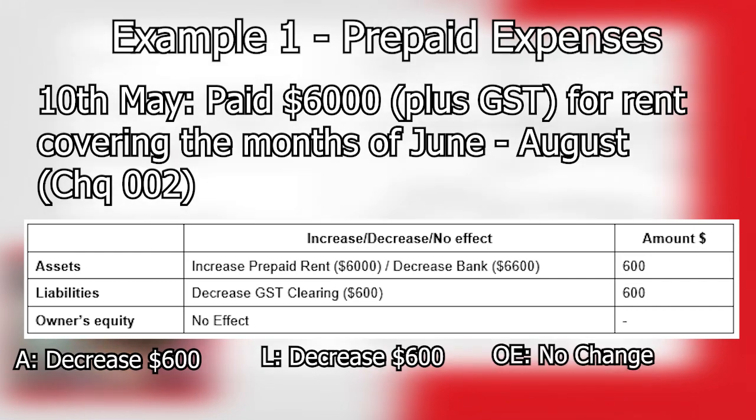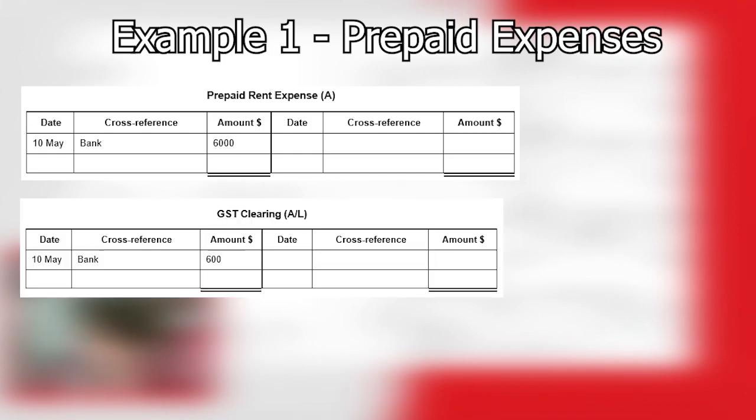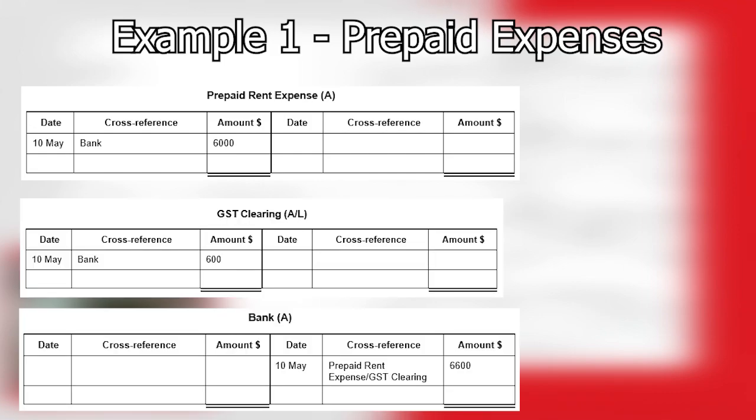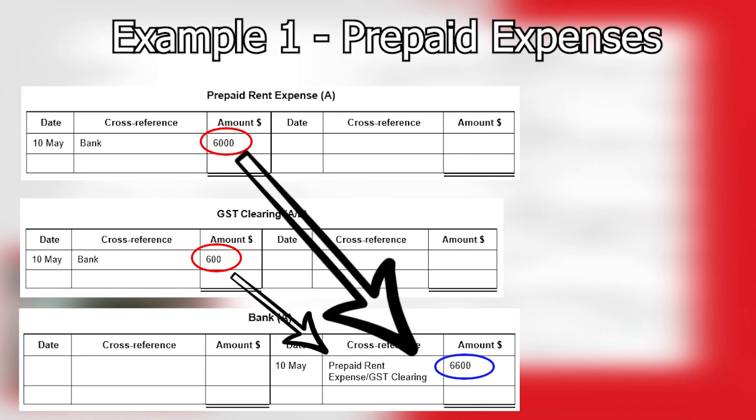That's important. And here you've got the general ledgers. You can see here with prepaid rent expense, we've put that straight in along with GST clearing and the bank as well. And we see debits and credits both totaling 6,600. So everything's fine.